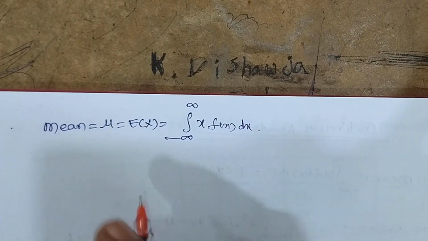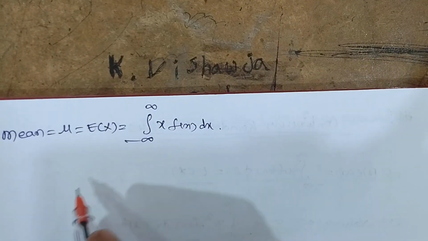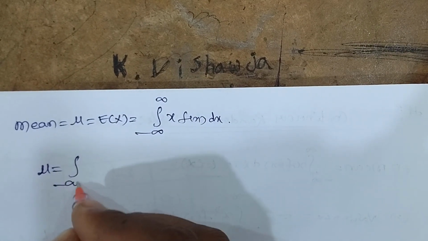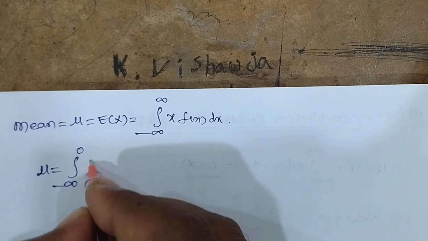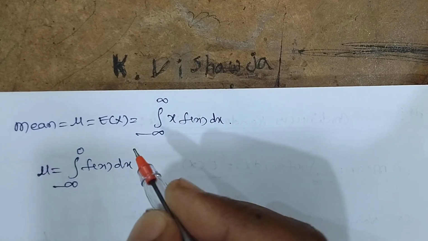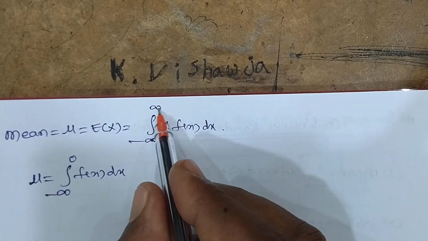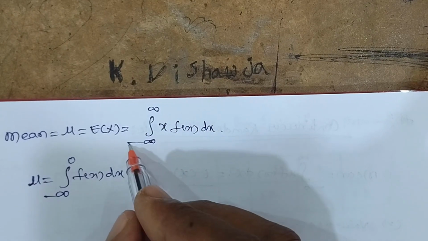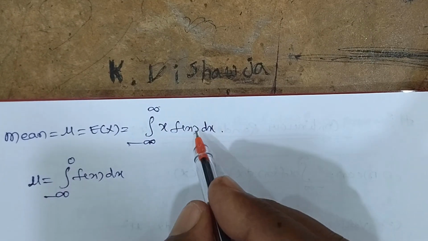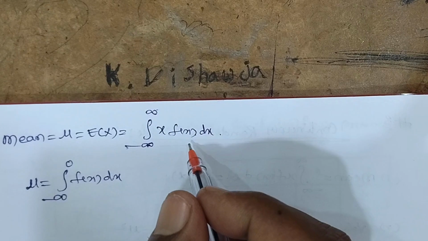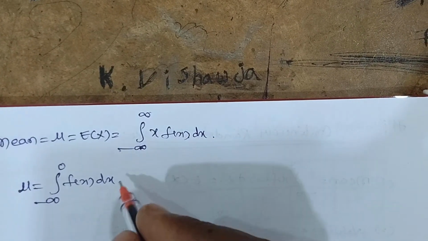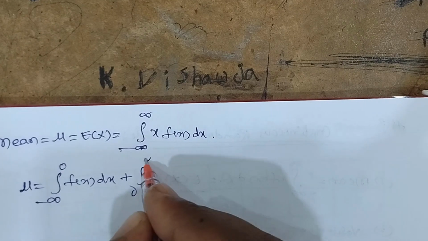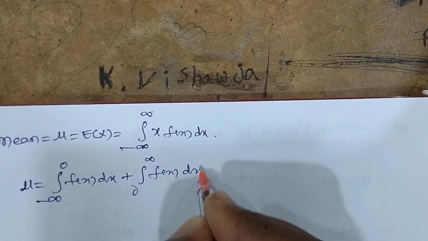This is the mean formula. Divided into two parts: the first part is minus infinity to 0, and the second part is 0 to infinity.